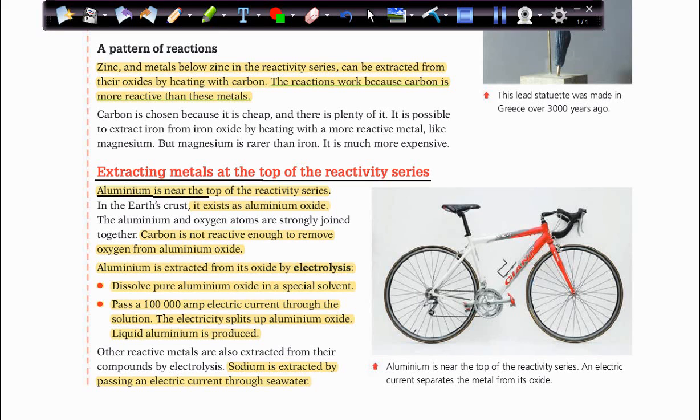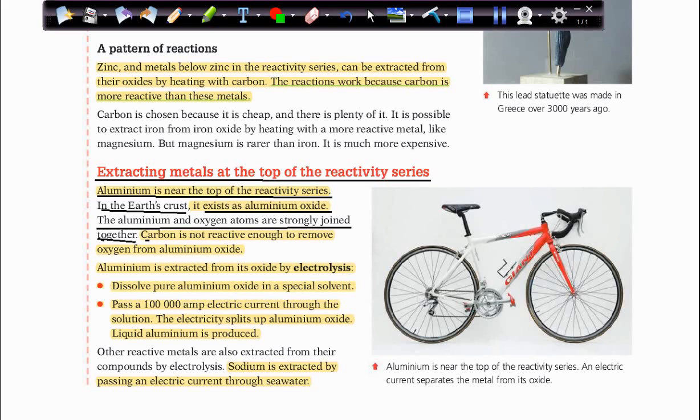Aluminum is near the top of the reactivity series. In the Earth's crust it exists as aluminum oxide, so we don't find aluminum alone as an element, but we can find it as an oxide. The aluminum and oxygen atoms are strongly joined together.